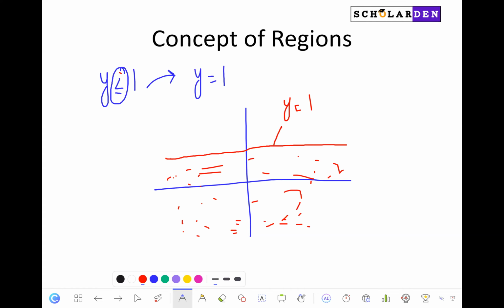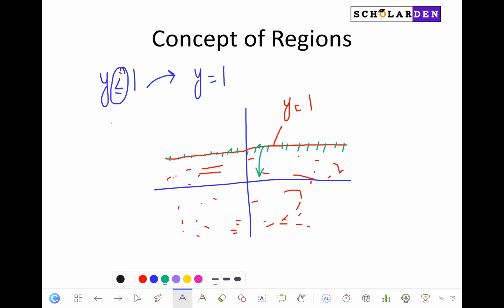So for equal to 1, all the points that lie on this line have a y coordinate equal to 1. So this is a special case. Why is it a special case? Because the region includes all the points that lie on or below this line. So in this special case, the boundary is also going to be included.